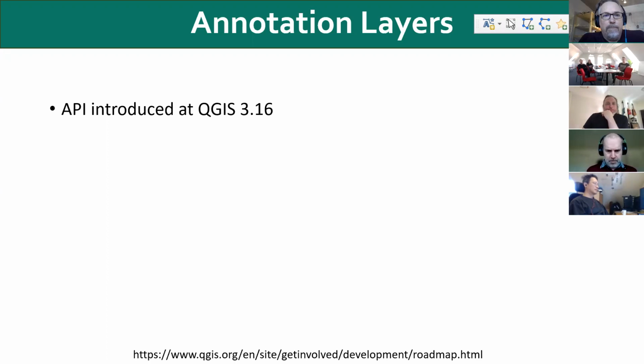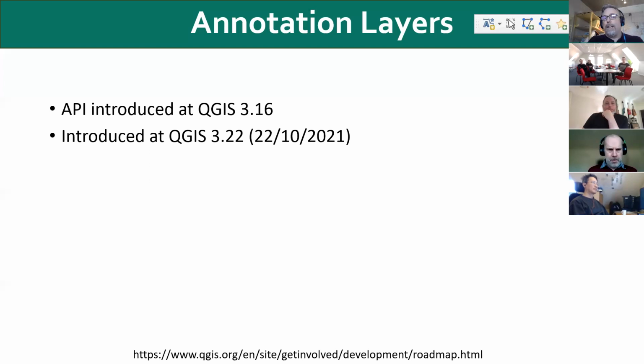So let me talk about annotation layers. This was first introduced in terms of the API at QGIS 3.16. Importantly, the actual graphical user interface, the toolbar, was introduced at 3.22.